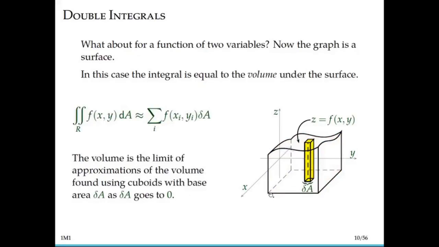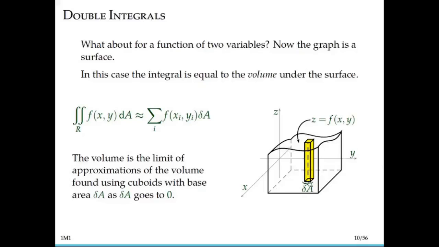And you can define the double integral in a similar way to the single integral, where we divided up the interval from a to b into small pieces and then approximated the area by rectangles. In the case of a double integral, we divide up the region at the base, so the region we're integrating over, which is R in this case, is a rectangle, as shown in the picture.